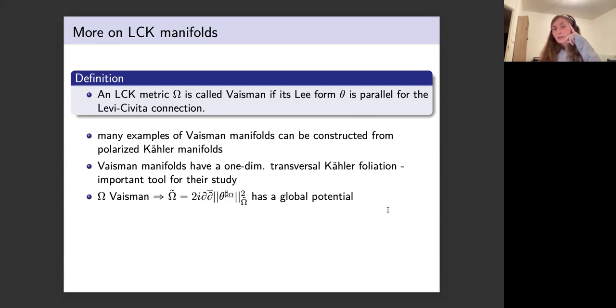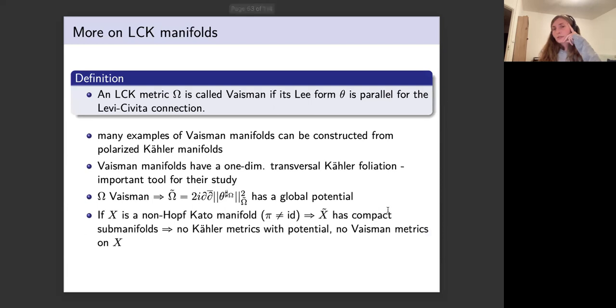So this in particular also tells you that some LCK manifolds will not be able to have this metric. And this is particularly true for all the Kato manifolds which are not Hopf. For Kato manifolds which are not Hopf, you perform the modification. So you add an exceptional divisor. And this exceptional divisor has multiple components which are compact hypersurfaces.